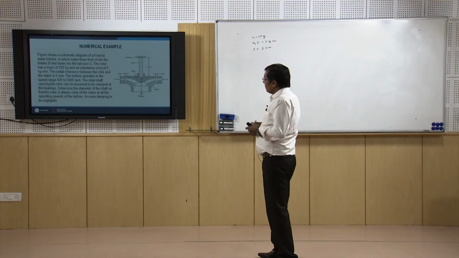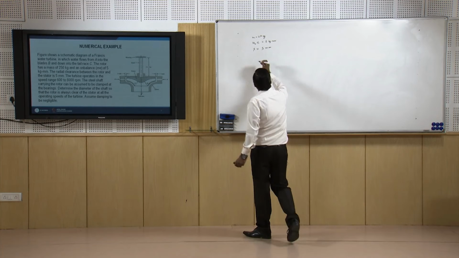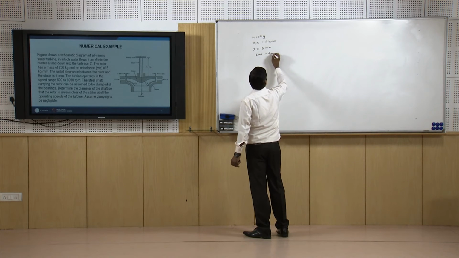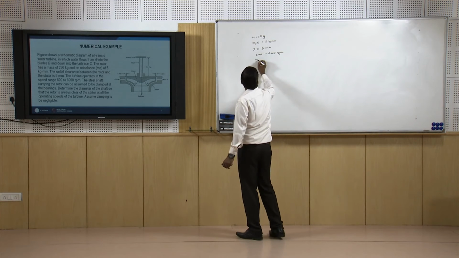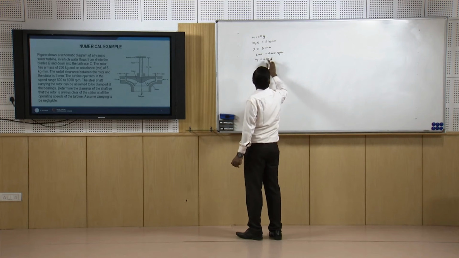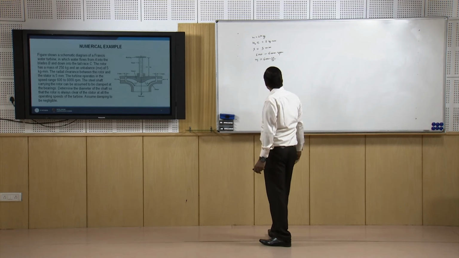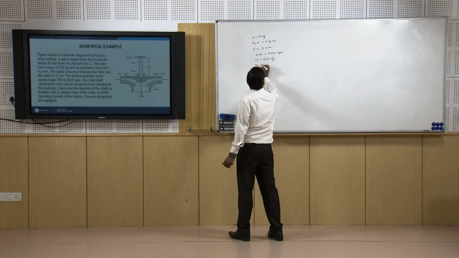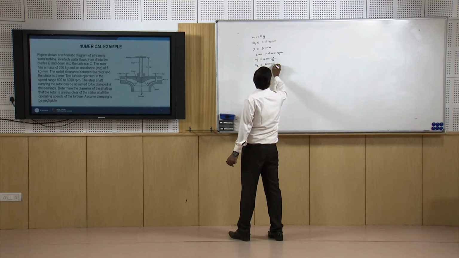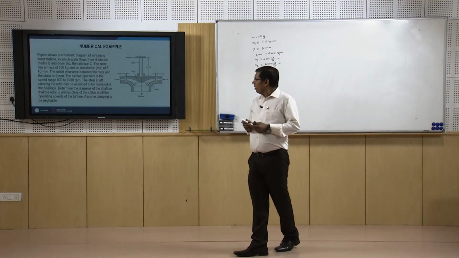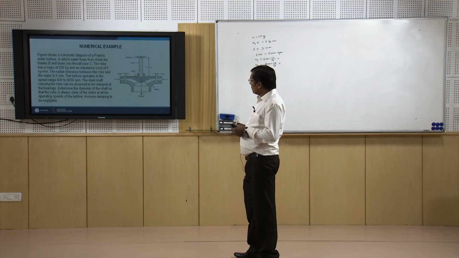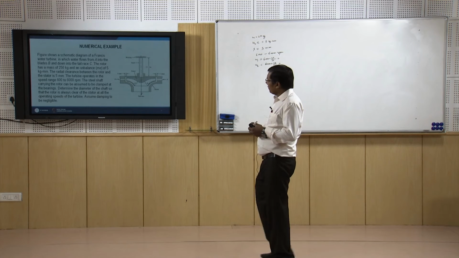The turbine operates in a speed range of 600 to 6000 rpm. So let us say omega 1 equals 600 rpm, which we can convert into radians per second by multiplying by 2 pi by 60, and omega 2 equals 6000 into 2 pi by 60. The steel shaft carrying the rotor can be assumed to be clamped at the bearings.